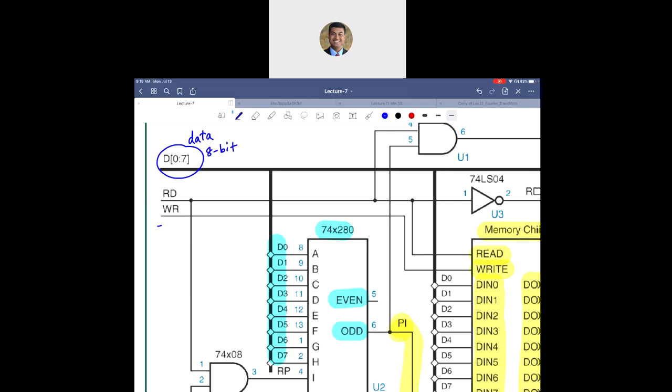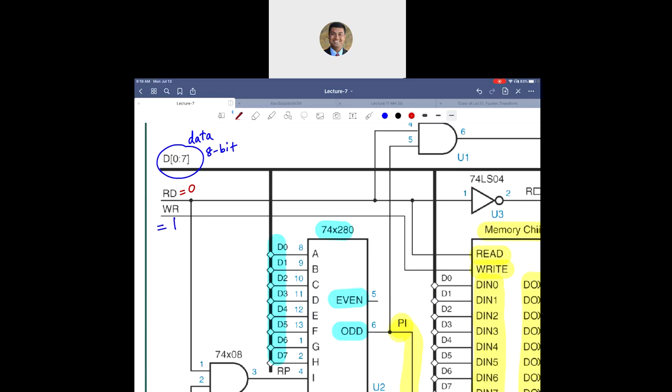So I'm going to make this write control 1, and I'm going to make this read control 0 right now. So that's where I start. I'm trying to write an 8-bit sequence to a memory chip.